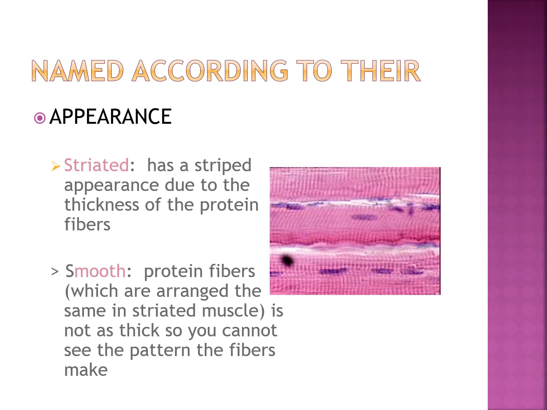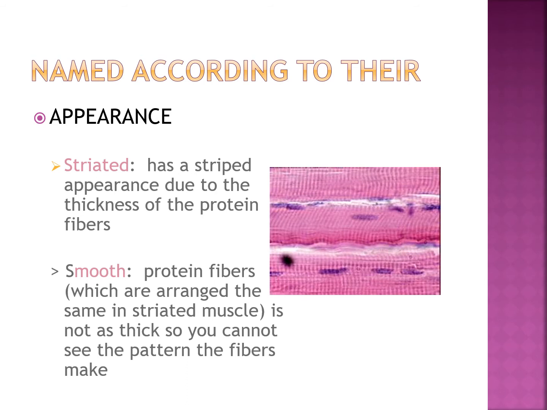But in the case of cardiac muscle and skeletal muscle, these muscles have to be strong. So the sarcomere proteins have to be thicker. And in cardiac muscle and skeletal muscle, these protein arrangements are so thick that you can see them. And that's what gives you this striped pattern that you see.